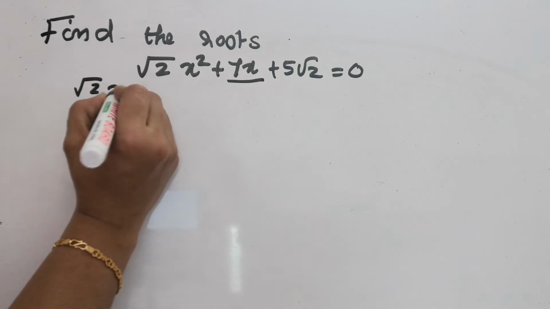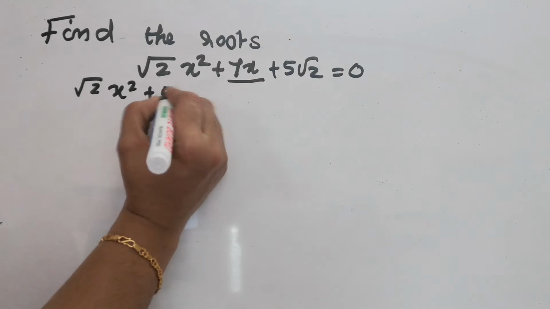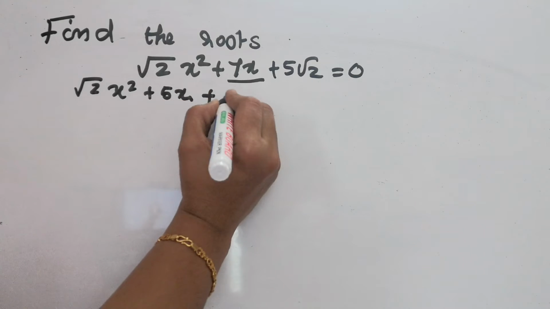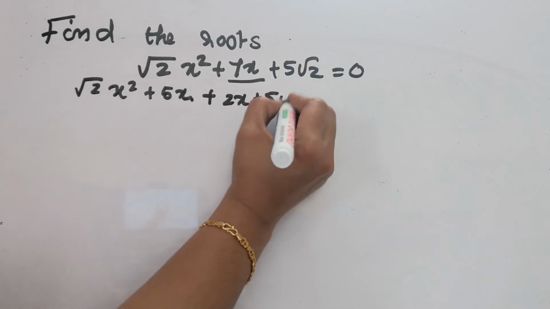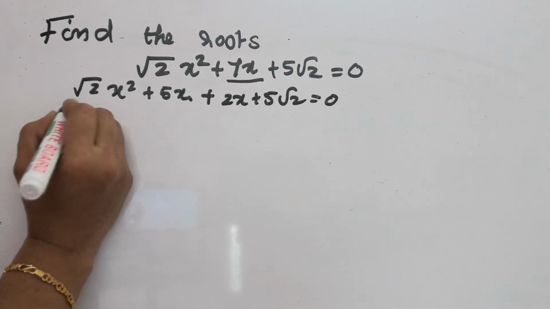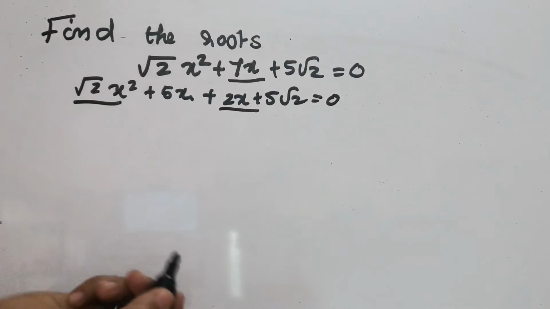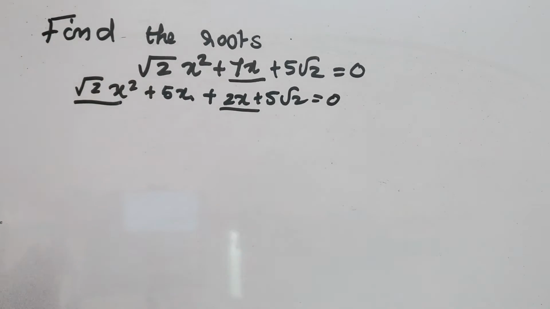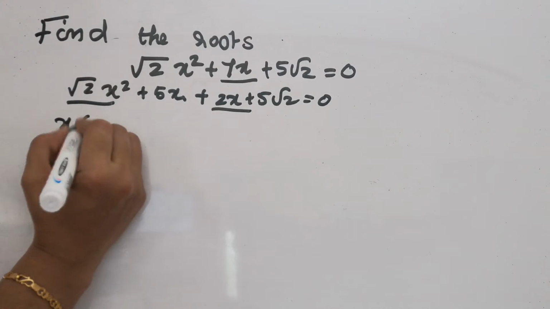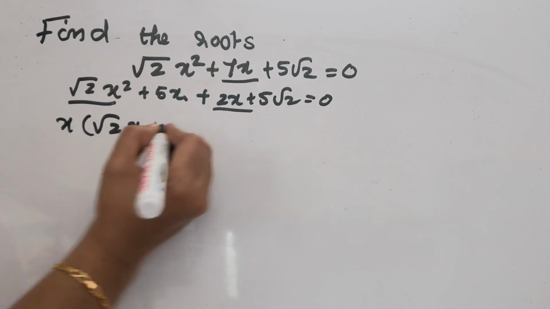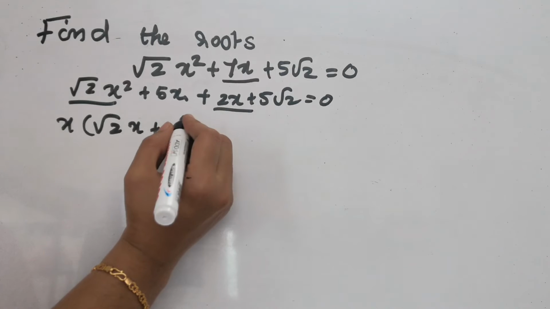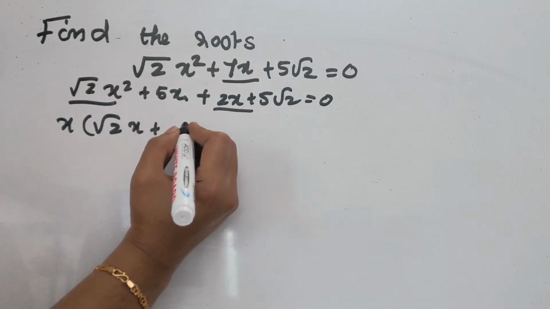Okay, so we can write square root 2x square plus 7x as 5x plus 2x, plus 5 root 2 is equal to 0. So we have to compare these two terms. Then we take the x outside. So we get root 2x plus, here is one more term.